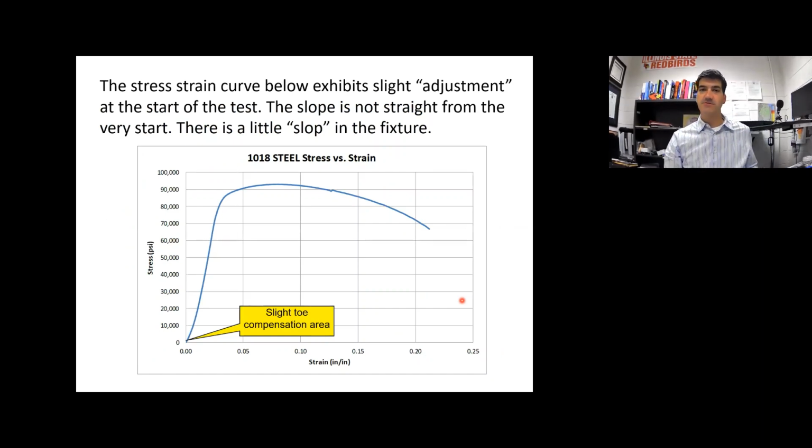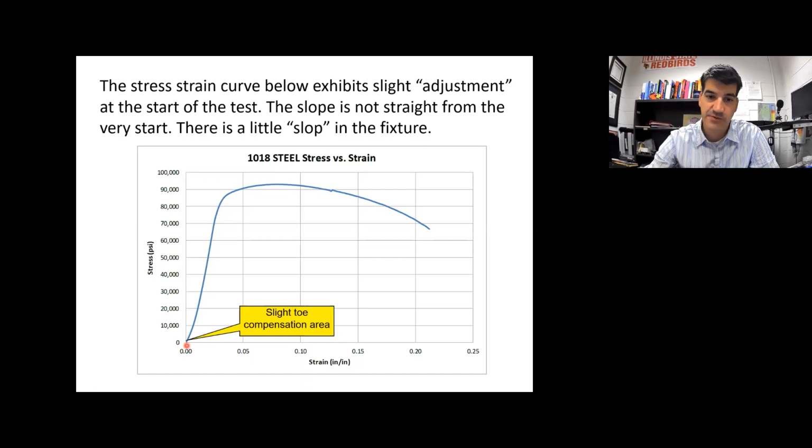Here's a little bit more about toe compensation. And this you will see sometimes, maybe even a little bit in our labs, probably not to an extreme value. But here's how you could get some toe compensation. So what can happen over in this region, right when we start the test, we're going to put our specimen in the grips. But then as you start the test, there could be a little bit of wiggle or some kind of slop in the fixture that gets tightened out right away when you start the test.